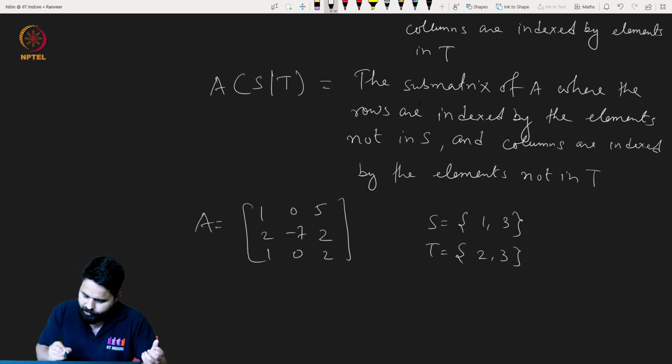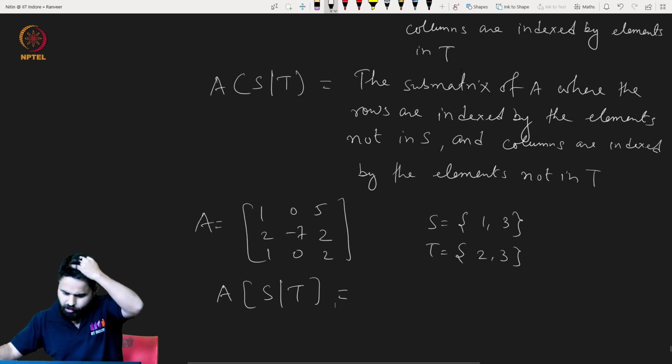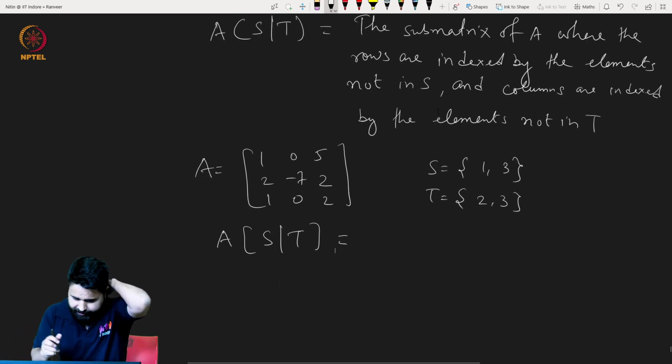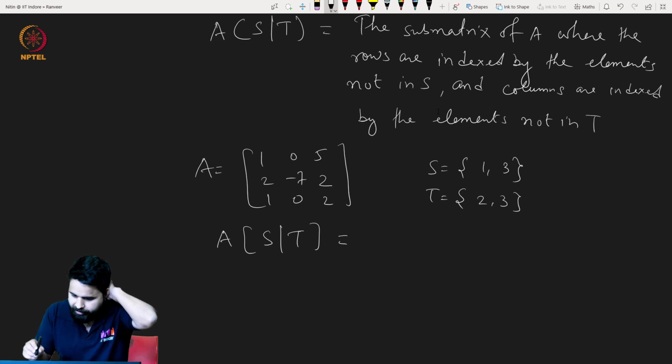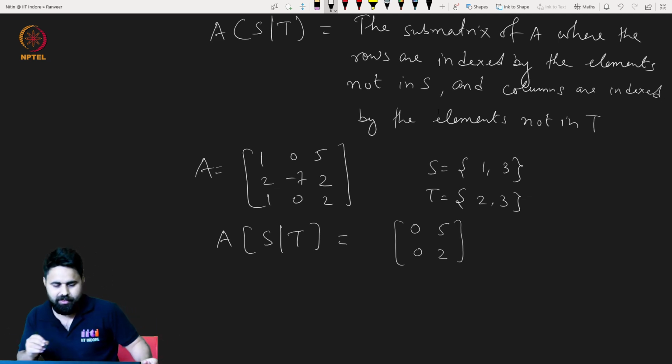What will be A_ST? The rows are indexed by 1 and 3, and columns 2 and 3. So it will be a 2 cross 2 matrix with 0 5 and 0 2. Hopefully I'm doing it correctly. Yes, very good. And similarly you can work out the other notation.